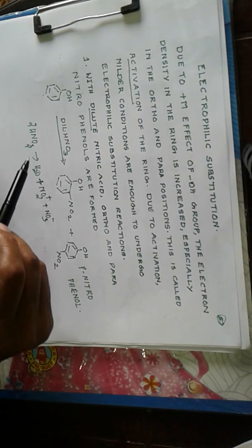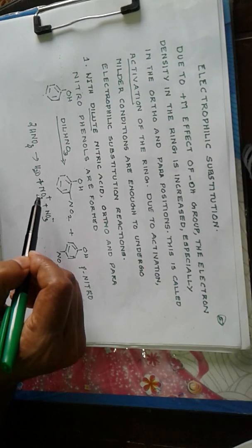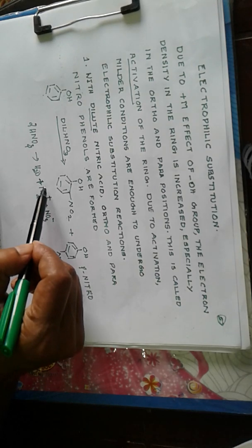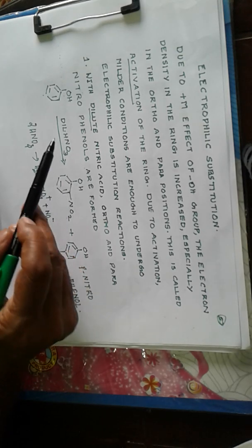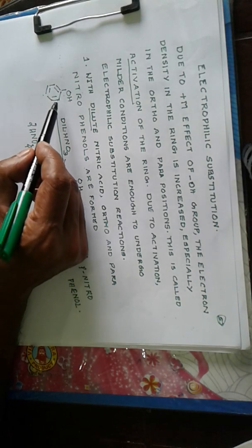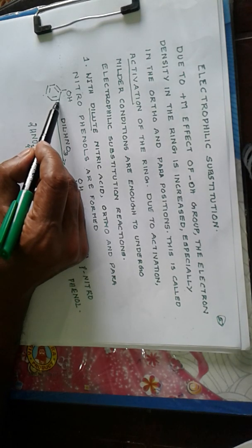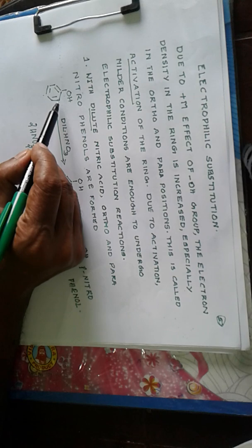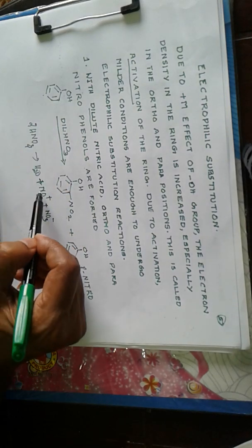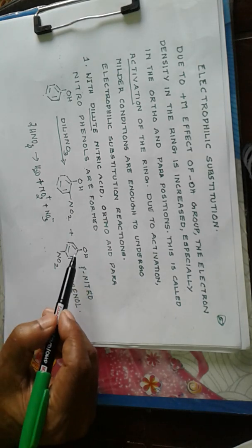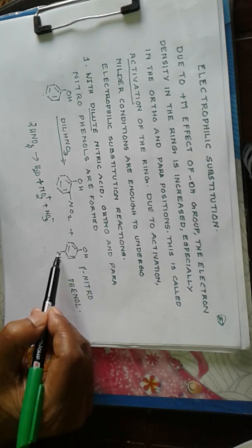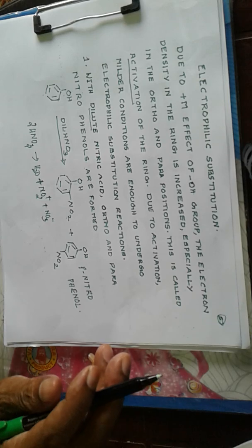See, 2HNO3 giving H2O plus NO2 positive plus NO3 negative, and NO2 positive is the electrophile. It attacks the benzene ring at the ortho and para positions. One H atom here is replaced by NO2 group. We get orthonitrophenol, and at the para position we get paranitrophenol.